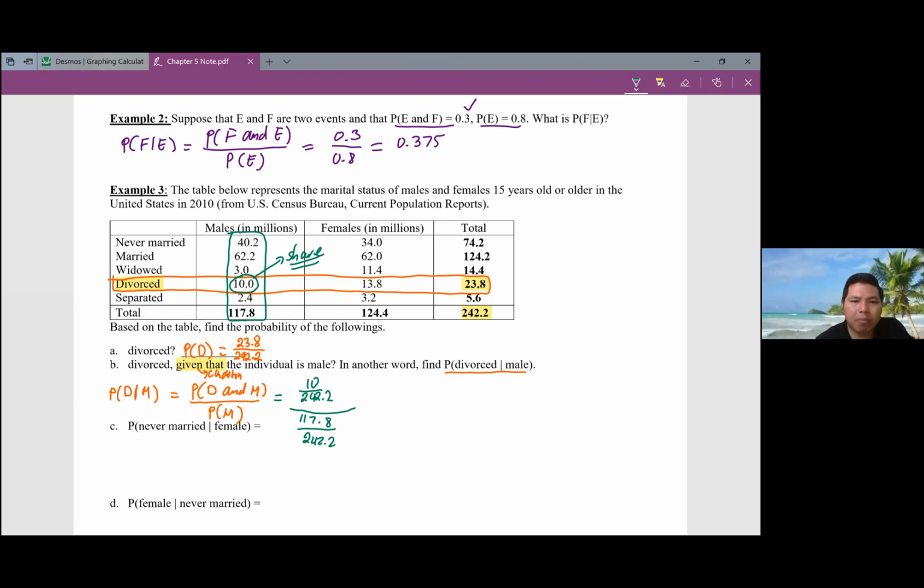They share 10 million, and then divide by the given condition, which is 117.8 out of 242.2. Same concept, when we are dividing, we multiply by the reciprocal of the denominator. So I have 242.2 divided by 117.8. And there we go, 10 over 117.8.